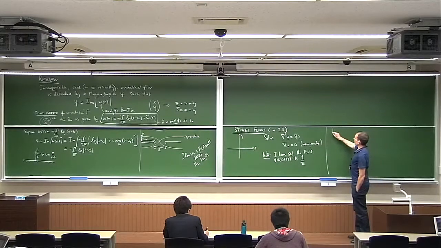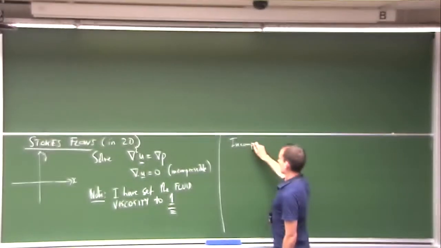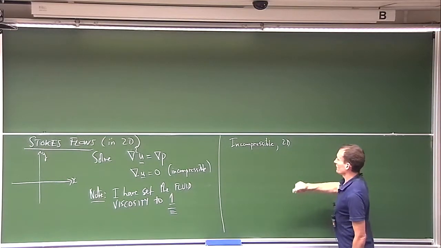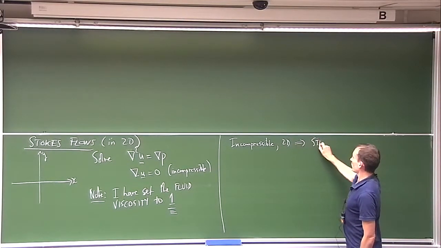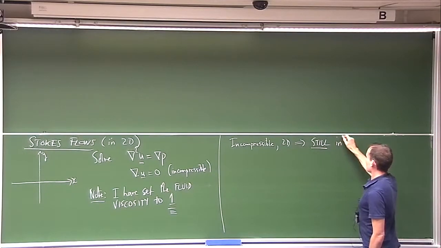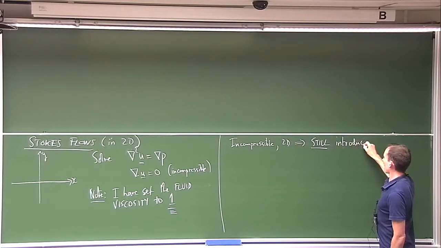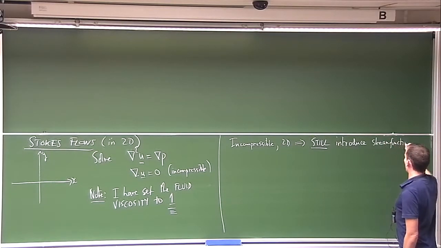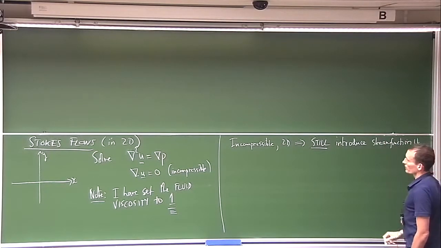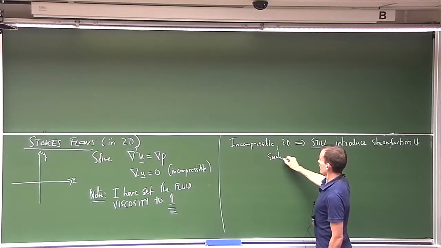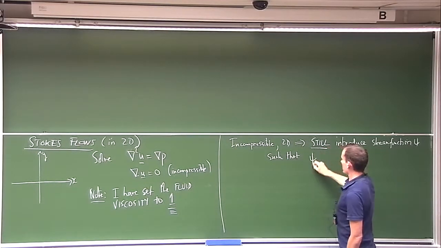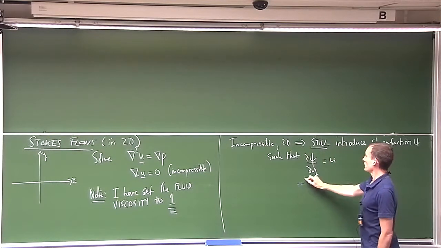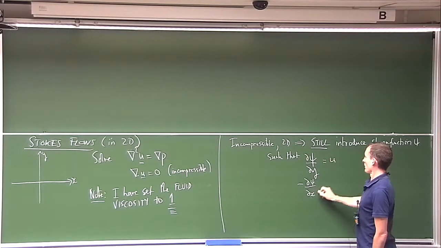But it's incompressible. And it's 2D. So we can still introduce the stream function, psi, such that d psi by dy is u and minus d psi by dx is v.